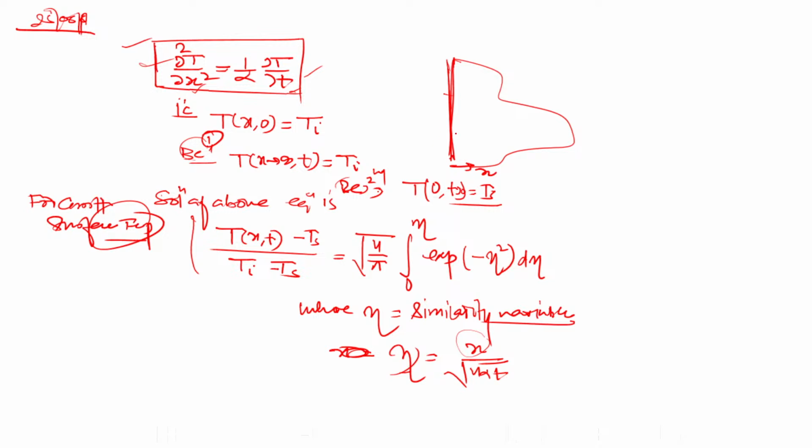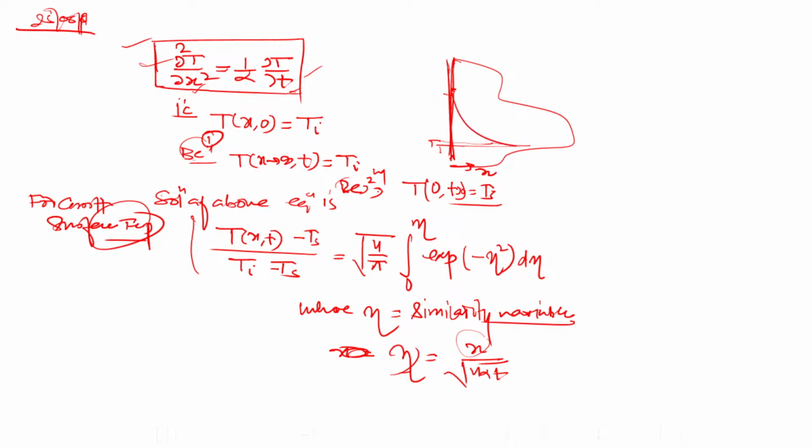So it's a constant surface temperature. Initially that was Ti. I have drawn the figure in the last lecture. Ti temperature is there; immediately it has been changed to Ts. Then whatever profile will change like this, I have already shown you in the previous figure.